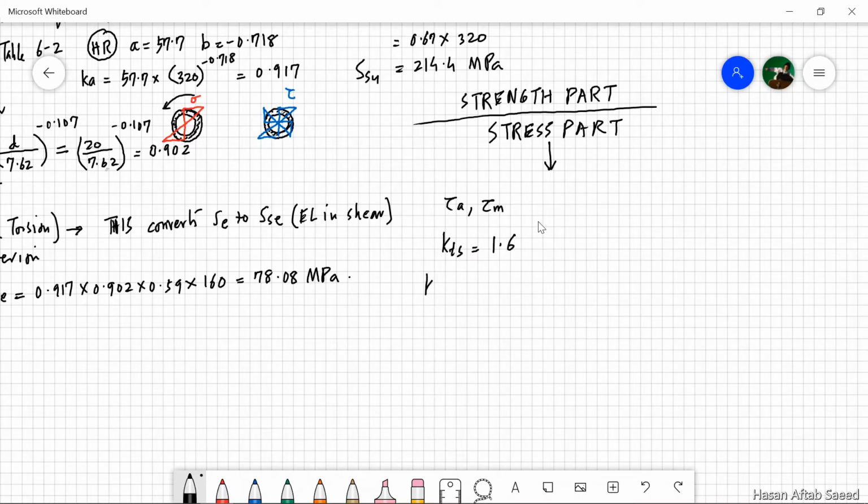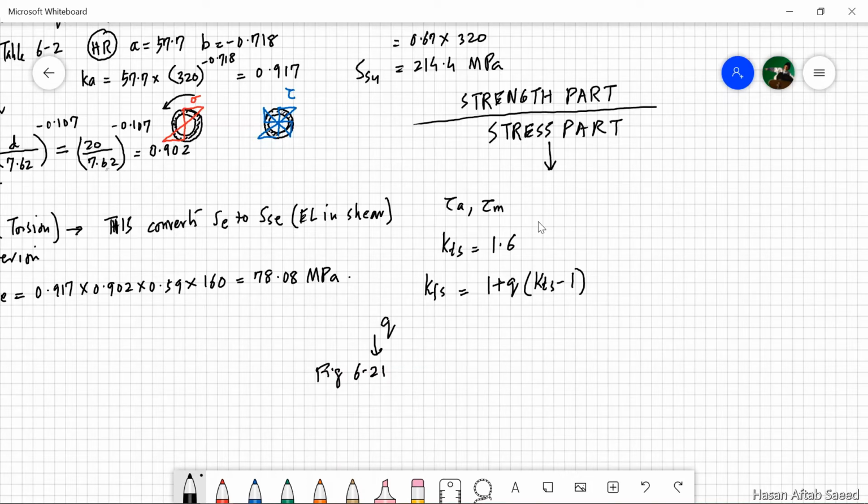We need KFS, fatigue stress concentration factor in fatigue. The value is 1 plus Q into KTS minus 1. Now Q is notch sensitivity, and this is read off figure 6.21. Now figure 6.21, why 6.21? Figure 6.20 gives you values of notch sensitivity for normal stress situations.